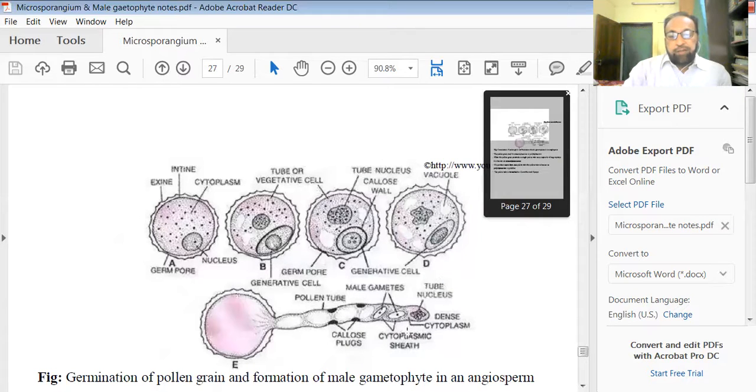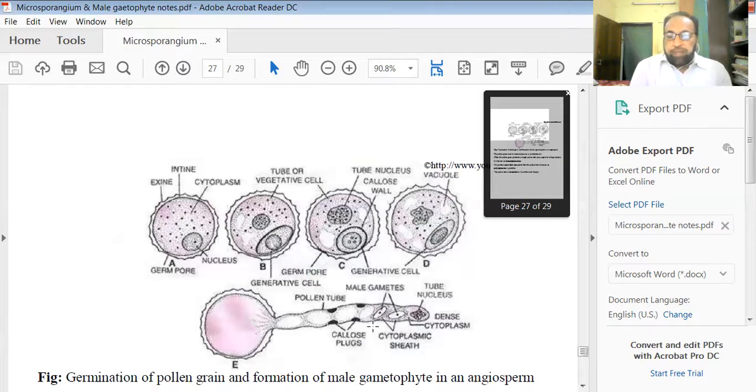That tube nucleus later on is present in this pollen tube. This tube is called the pollen tube. And then this cell divides and redivides and forms two male gametes. So after formation of these two male gametes, before fertilization, this tube nucleus and these other cells also dissolve, and only the male gametes remain over there.